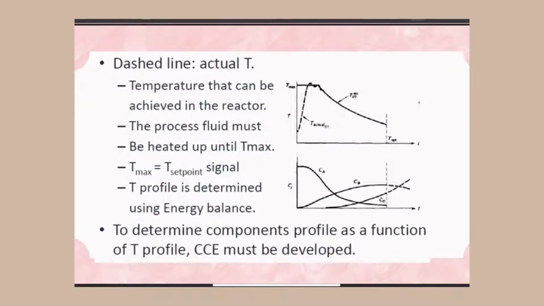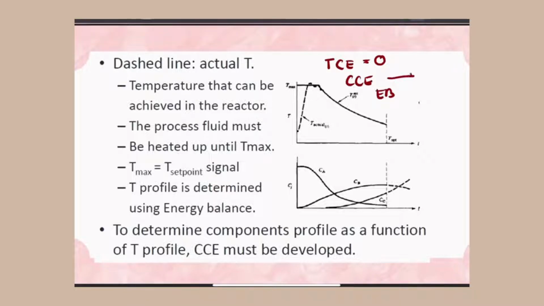So, how do we know what our optimum temperature is, and also the time for us to stop the reaction? For example, let's say we already calculate the TCE, CCE and also energy balance. The TCE is equal to 0 because the volume is constant.